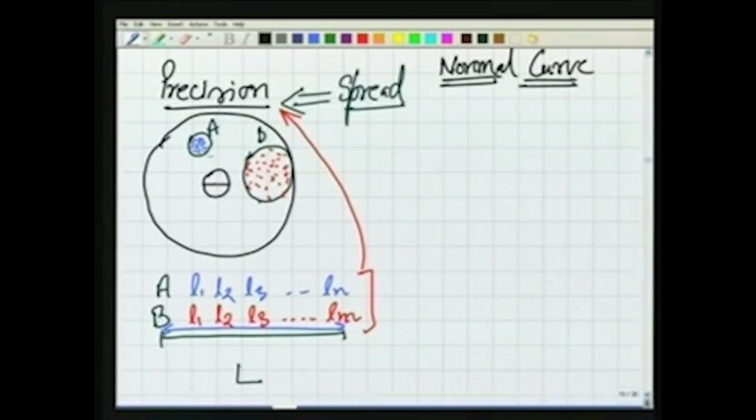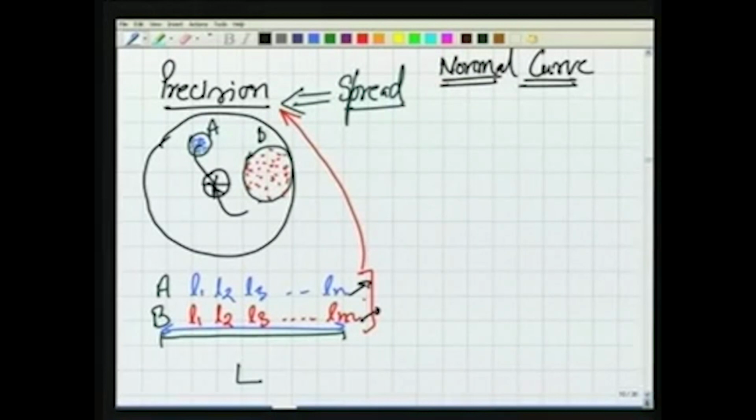In this case, even if you eliminate the systematic error from your observations, all your observations will shift here and they will still form a closed group. Here also, if you eliminate the systematic errors, all your observations will shift somewhere here and again they will form a widely spread group.